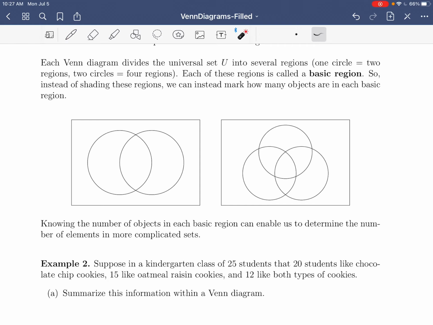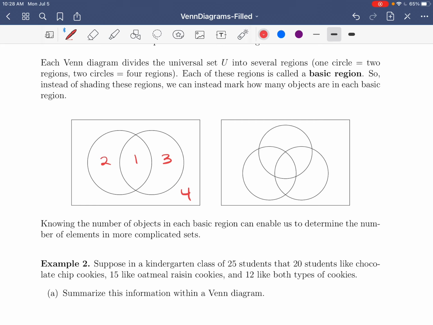So what we want to notice is that when we have a Venn diagram, it divides the universal set into a bunch of regions. So I gave you some examples here. Here's a 2-circle one, and here's a 3-circle one. If we consider each bit as its own region, for the 2-circle one, I get 1, 2, 3, 4 regions.